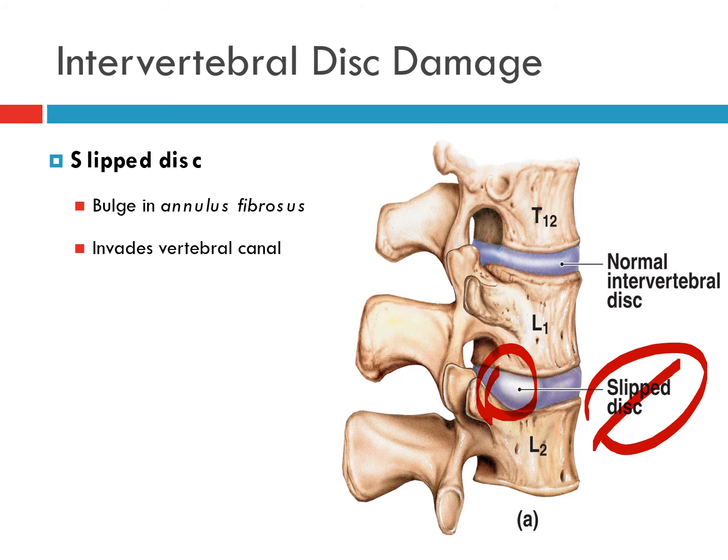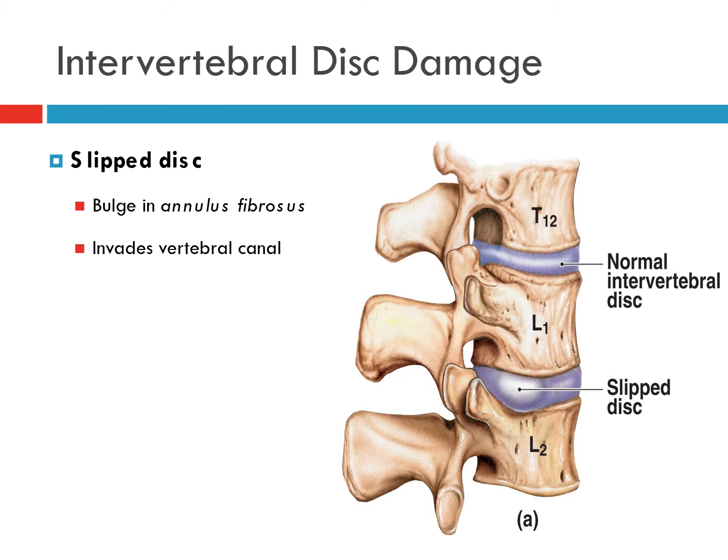So it's our bulging disc, and it can really bulge anywhere, but this would bulge laterally and potentially interfere with the nerve that's exiting the intervertebral foramen right there. They can also bulge centrally.